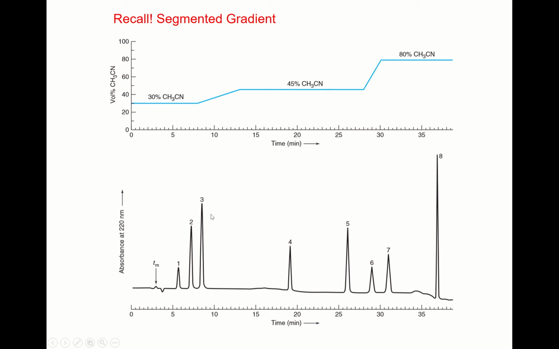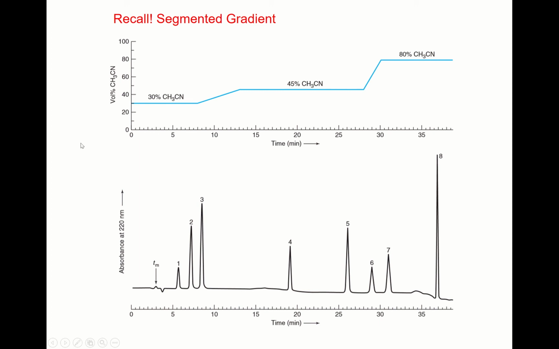So you start with 30% acetonitrile and 70% aqueous buffer, and compounds 1 and 2 are separated. But the other compounds, 3 to 8, are still in the column, right? If you keep using this 30% acetonitrile, these six compounds may appear quite late.